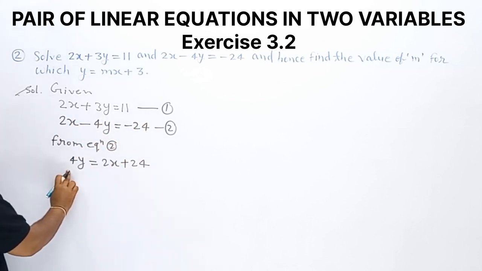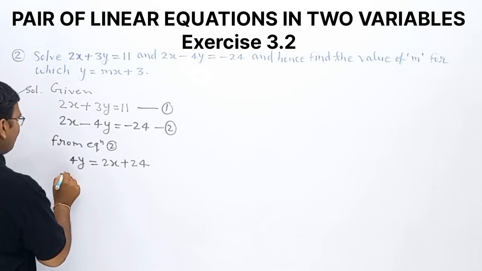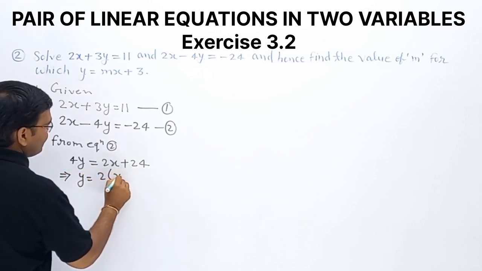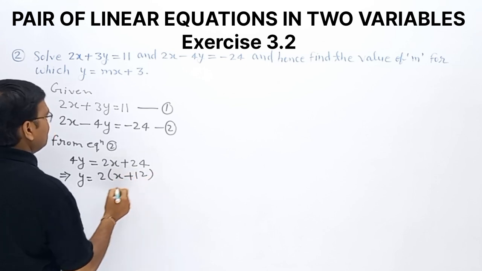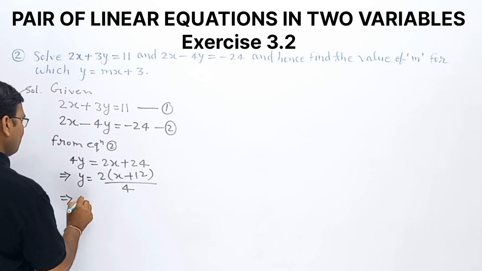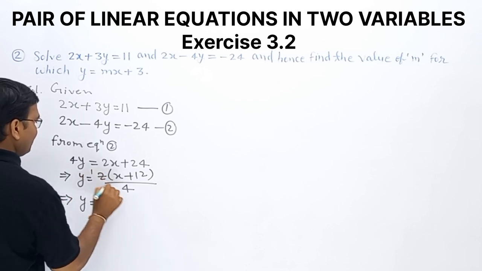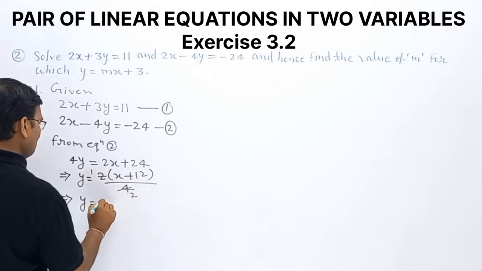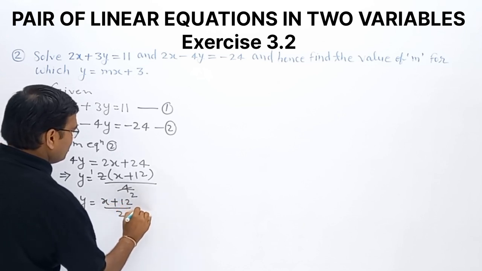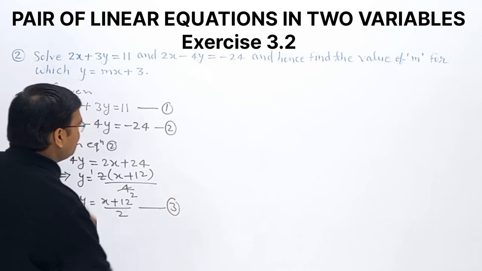Then we get 4y equal to 2x plus 24. Now solve for y. Y equal to 2 is common in both, x plus 12 divided by 4. Solving, y will be x plus 12 upon 2. I am taking this as equation number 3.